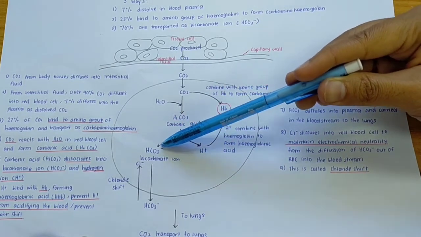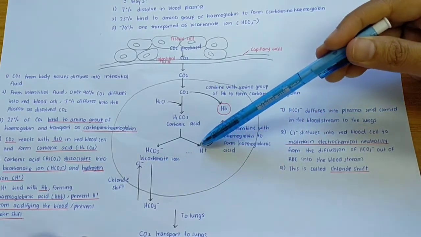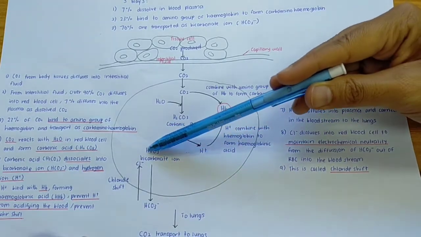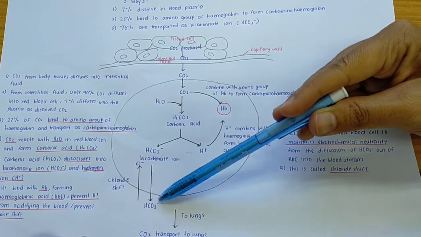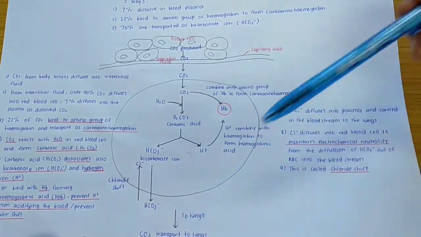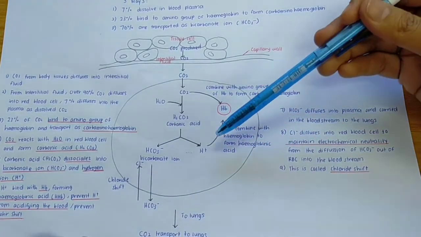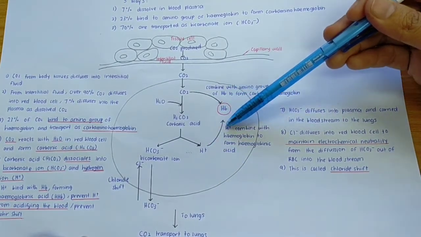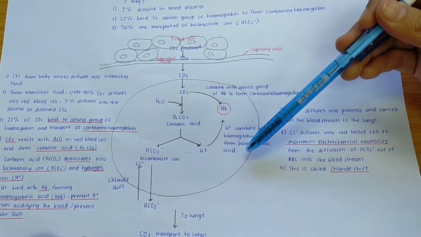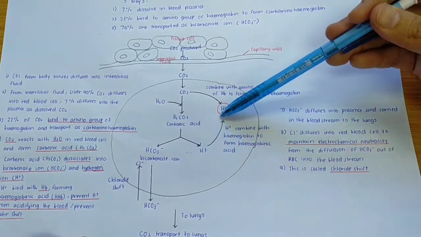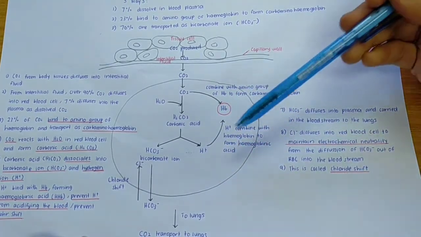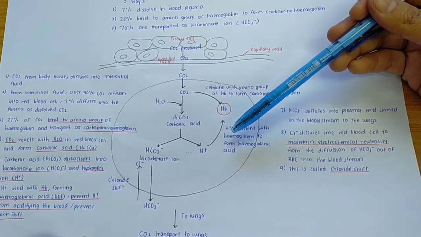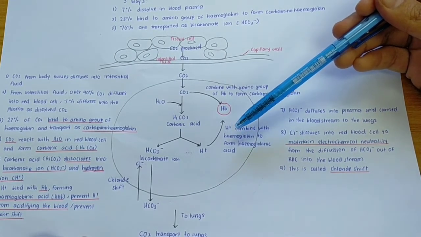It will dissociate into bicarbonate ion and hydrogen ion. This bicarbonate ion will diffuse out from the red blood cell to be transported to the lung. And then the hydrogen ion will combine with hemoglobin to form hemoglobinic acid. What is the importance of this process? It will prevent hydrogen ion from acidifying the blood, or prevent the Bohr shift.